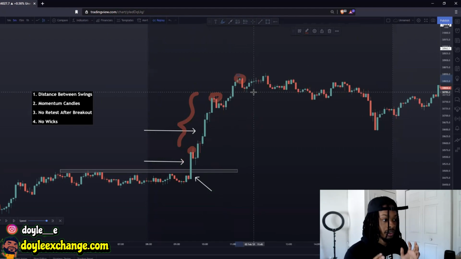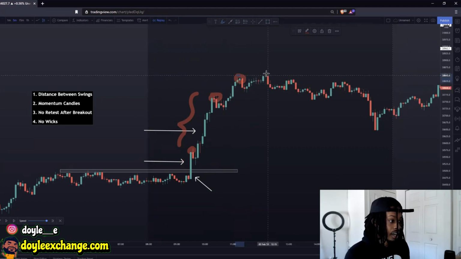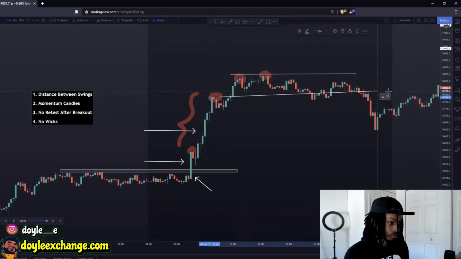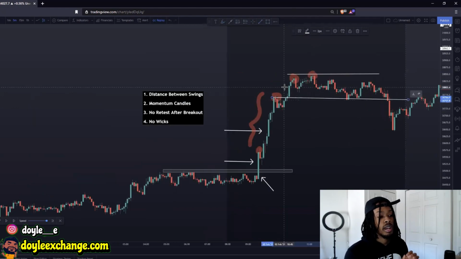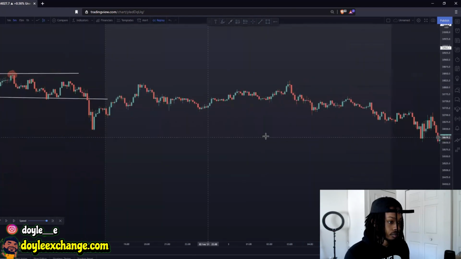Okay, so we have to be very careful in this situation. Now we have another swing high. Now you see how it's getting weaker. Now this can be a range. At this point, it can be a range. So that's a way to just strictly look at price and see when the momentum is slowing down. Let's go to the next setup because it's gonna be different ones.